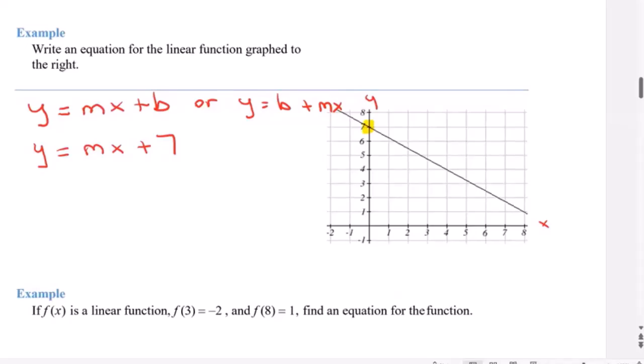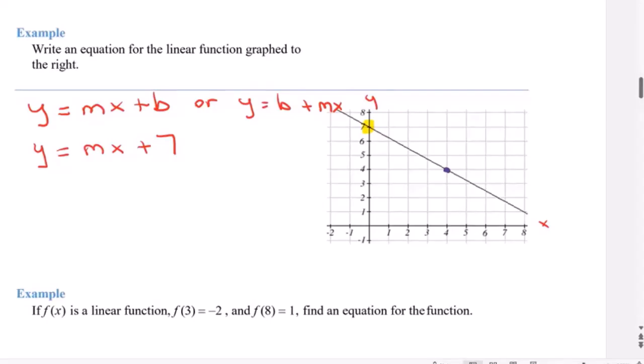And then there's a couple of different ways you can look at for the slope. But in my opinion, the easiest thing to do, especially if you're given a graph, is you find 2 points that the line actually crosses. So for example, notice right here, that line goes exactly through one of my grid points.